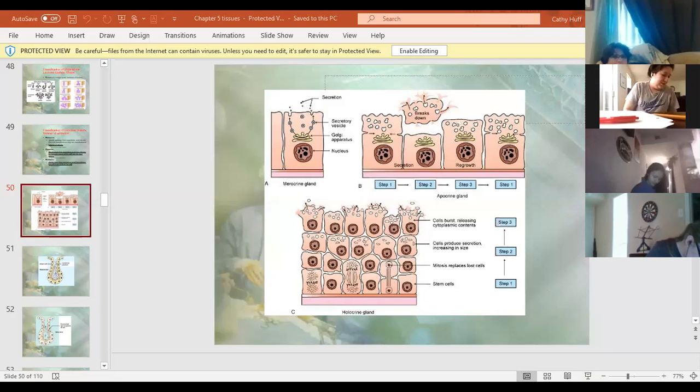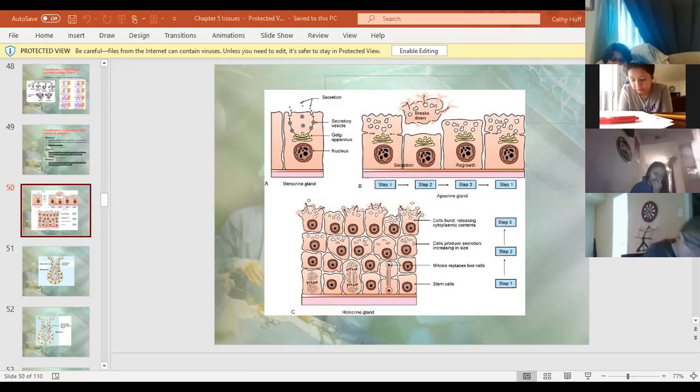All right, so what we have here are the three different classifications. Here is my merocrine. The gland is producing whatever it is it's producing, and it is removed from the cell, but the cell itself remains intact. Nothing happens. Our meerkat left and nothing happened.